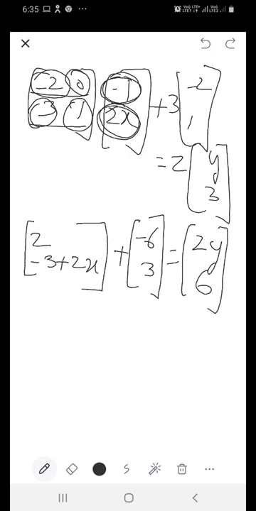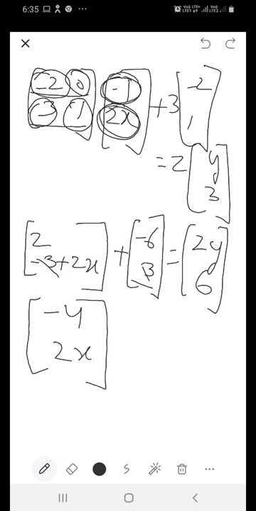Now on the left hand side, again the addition of the matrices. 2 minus 6 will be minus 4. Minus 3 plus 2x plus 3, when you add, 3 will cancel out, and you will be left with 2x. When you add, is equal to the matrix 2y and 6.